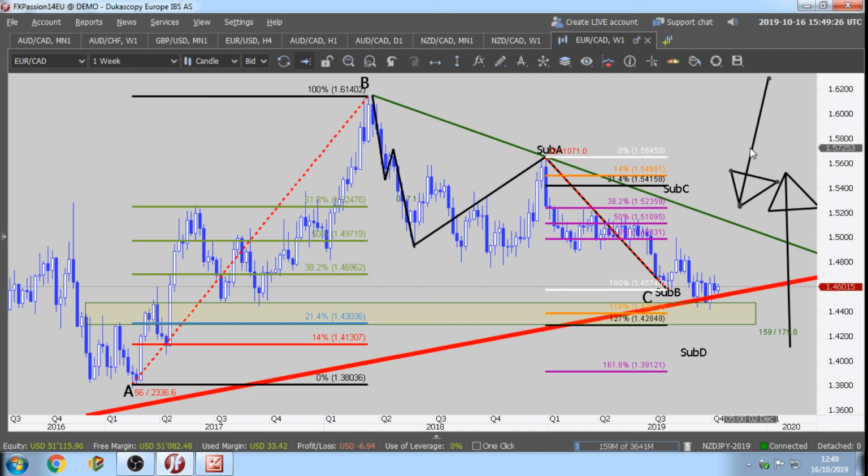Yes sir. So are you referring to the down Fibonacci, the contrarian, sub A, sub B, sub C, sub D, is stronger than the red uptrend line? Is this the Fibonacci that is stronger? What trend line and what Fibonacci are you referring to?